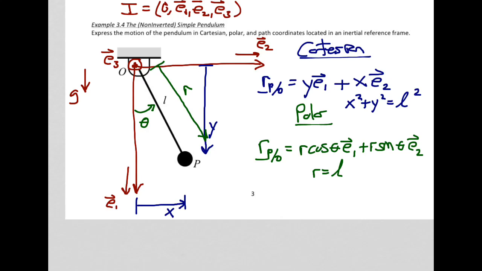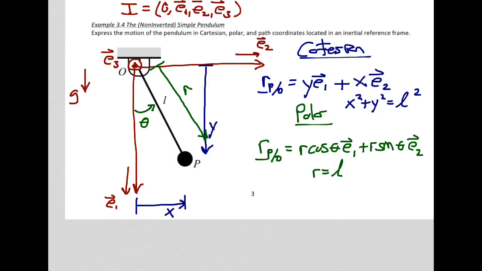Even though we're using 2 coordinates, x and y, it still only has 1 degree of freedom because those coordinates are linked with each other through this constraint equation, x squared plus y squared is equal to L squared, and then in polar coordinates, it's this constraint equation, which is r is equal to L.